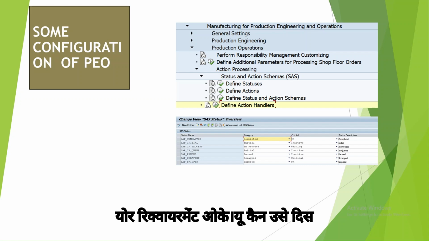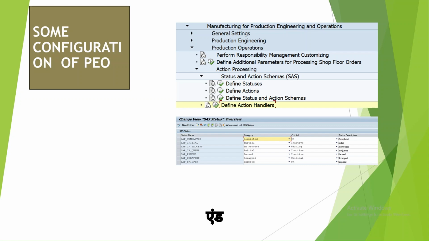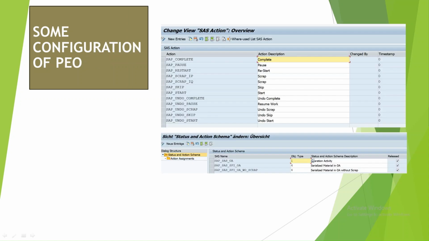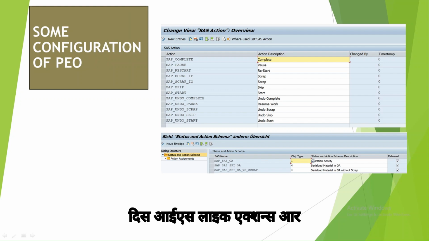These are the standard ones over there. All these are part of this status and action schema, and based on that you have to assign those actions. All this configuration you need to do here in the status and action schema and status handler.